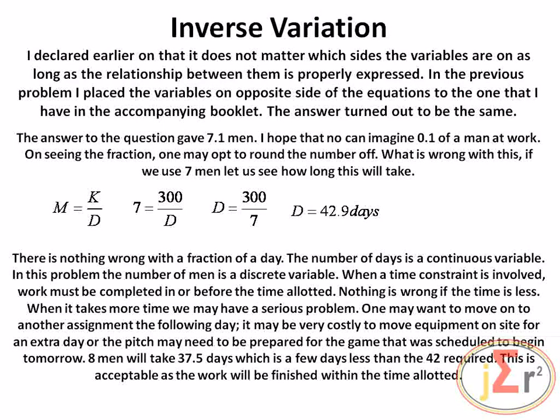So we cannot use 7.1, because we cannot use 0.1 of a man, and at the same time we cannot round off to 7, because that will cause the time to be greater than the time that was allocated for the job to be completed in the first case.